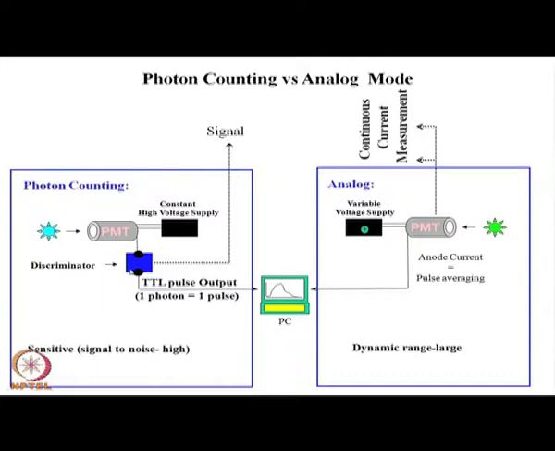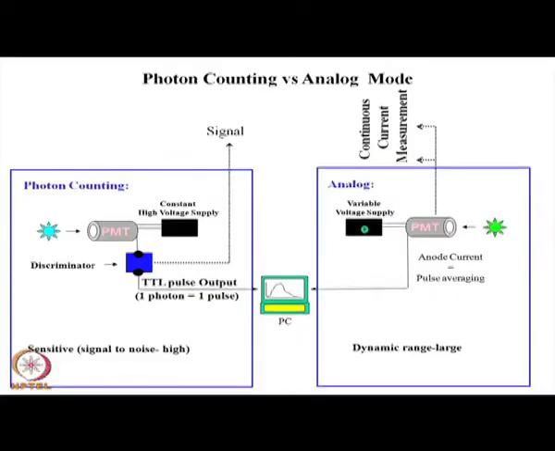There is a discriminator which puts the threshold for whether you will receive the right signal or not. Based on the discriminator setting, the output is a TTL pulse, that is a transistor logic pulse. A TTL pulse output means one photon is equivalent to one pulse. You feed that into your computer, and the computer saves that information with respect to time.